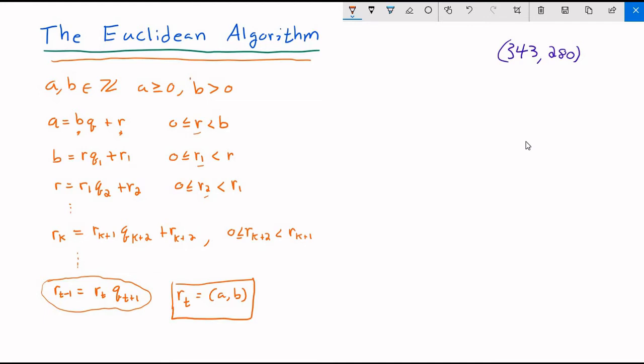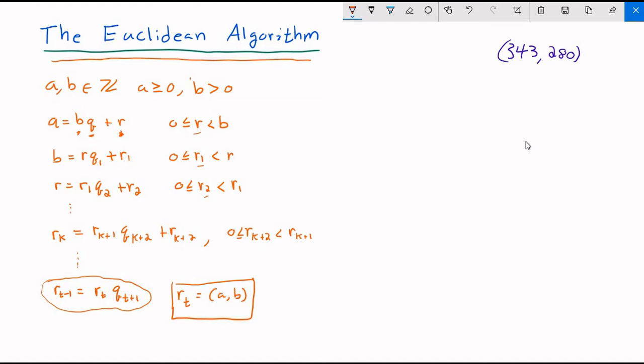And so last time we saw that we had the division algorithm slash theorem. This gave us a systematic way to find these pairs of numbers q and r, to write numbers a and b in an equation like this.